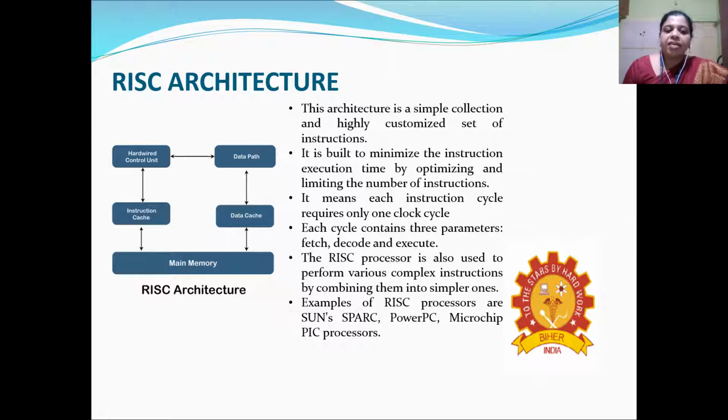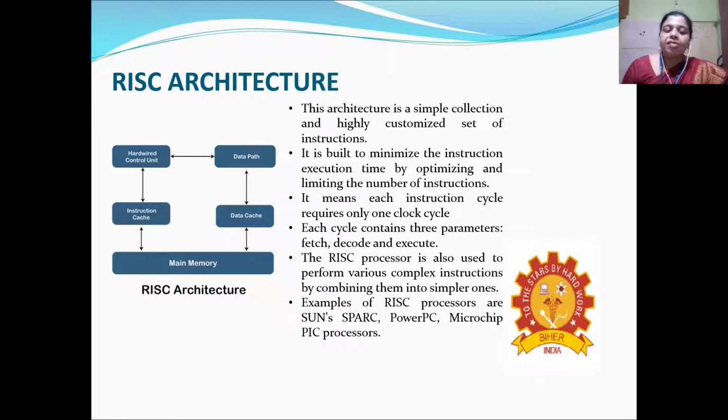For example, for addition, first we have to load the data, then perform the addition operation, and after that store the data. Here each machine cycle will have three parts. First it has to fetch the instruction, then decode the instruction, and only then will it execute the corresponding operation.